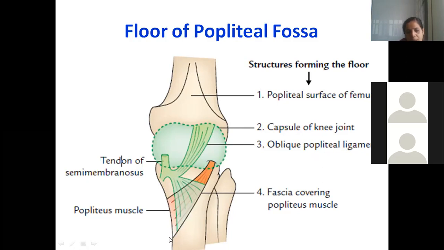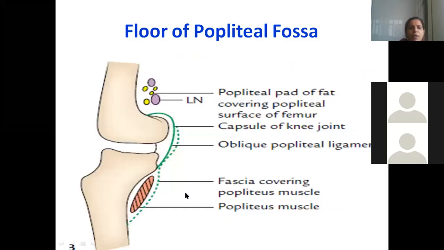If you remember the tibia behind, we had the soleal line. Above the soleal line, we will see the insertion of popliteus. So the fascia which is covering the popliteus is also forming the floor. So 1, 2, 3, 4. This is from Vishram Singh. Very easy to remember. The floor is formed by the popliteal surface of the femur, then the capsule of the knee joint, over which we have the oblique popliteal ligament, below which you will have the fascia covering the popliteus muscle.